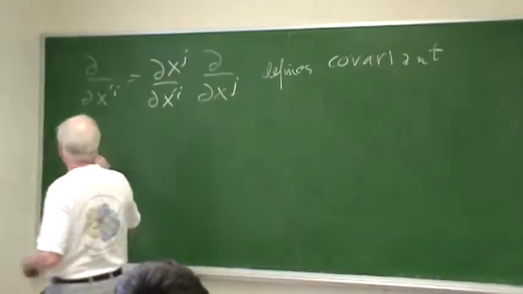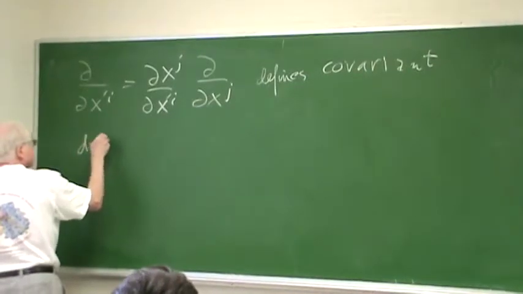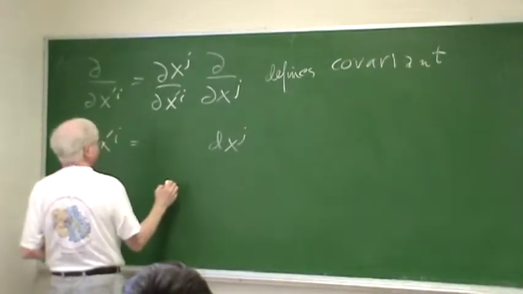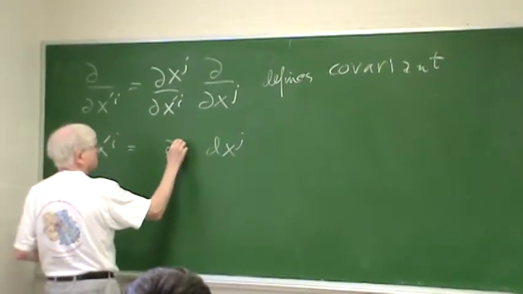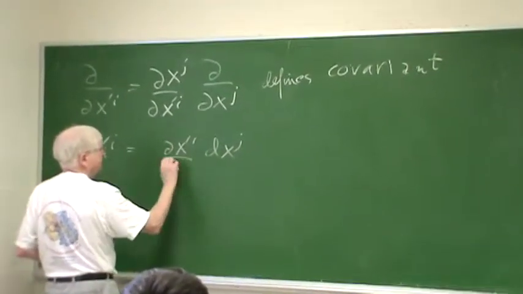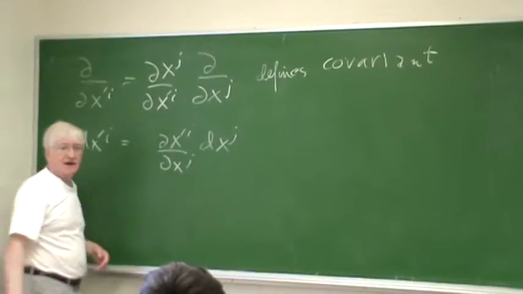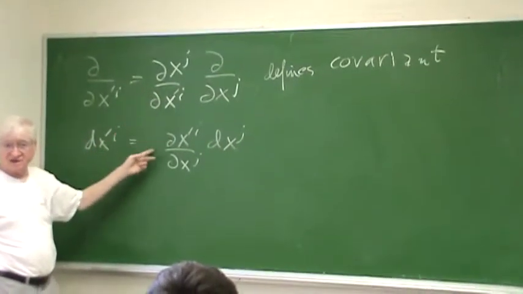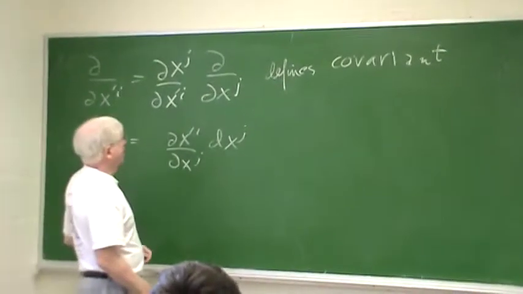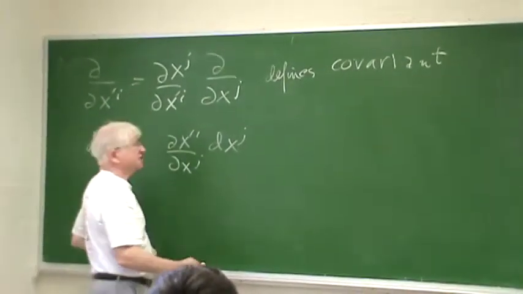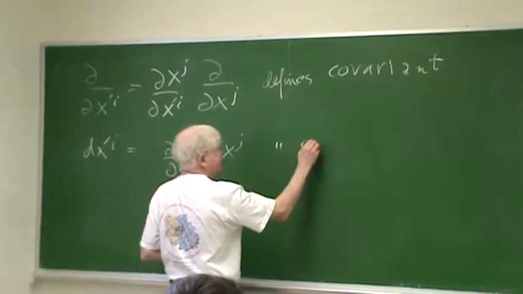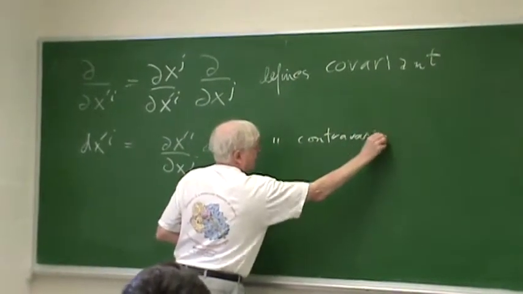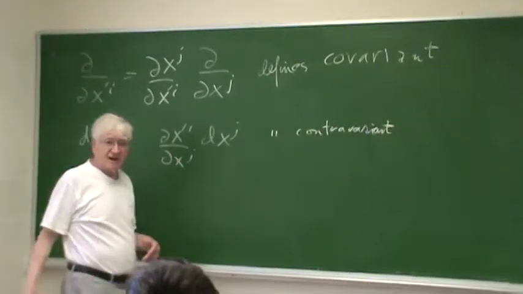On the other hand, dx prime i would be dxj of partial x prime i, partial xj. And that's a difference because the prime is down here and it's up there. And also the i's and j's switch. And this defines contravariant. Okay?